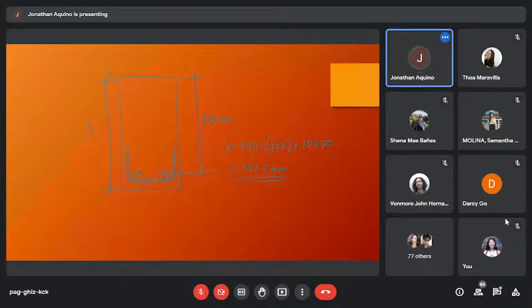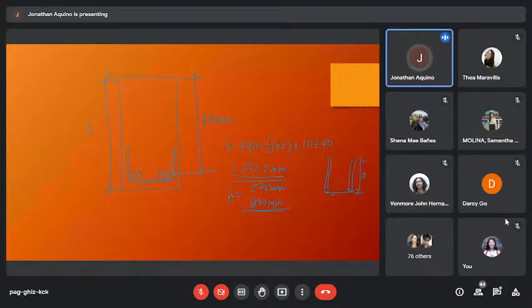So either you can use H equal to 575 millimeter or 600 millimeter. But the best is to use 600, kasi kadalasan yung mga forma natin ay modular forms, ang sizes niya, sa mga beams natin, ang increment niya is 100 millimeter.